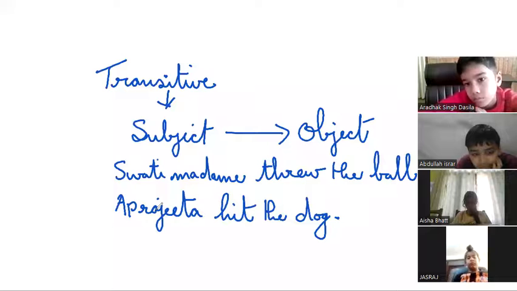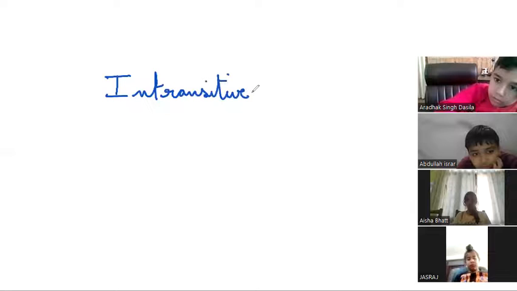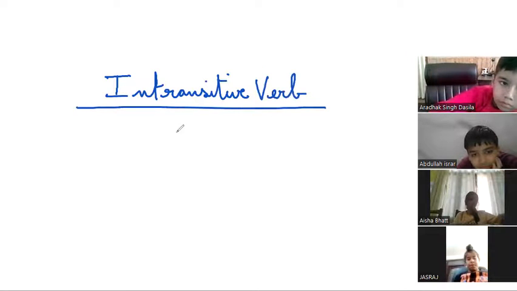Now, at the same time, sometimes the action does not move from the subject to the object. So that's called an intransitive verb, where the action remains with the subject. It does not move to the object.